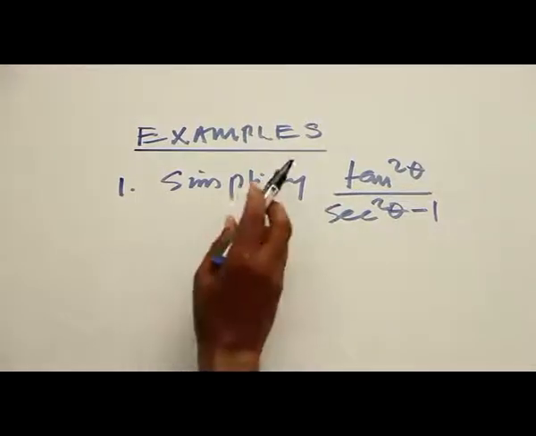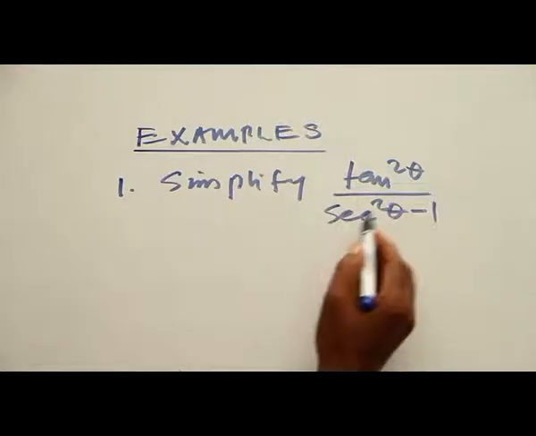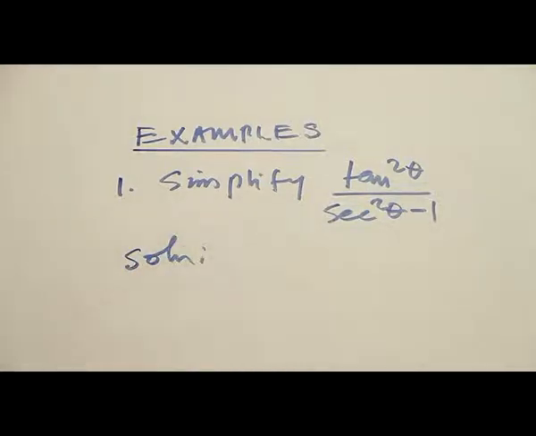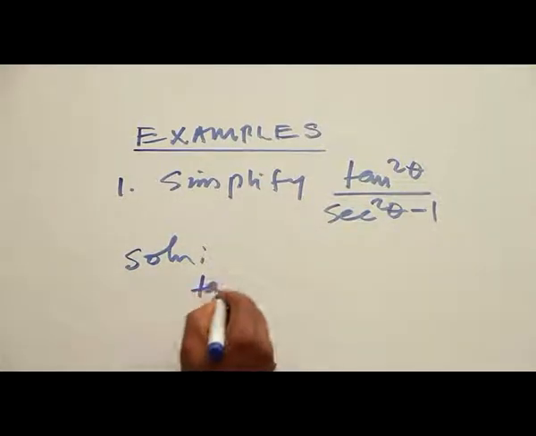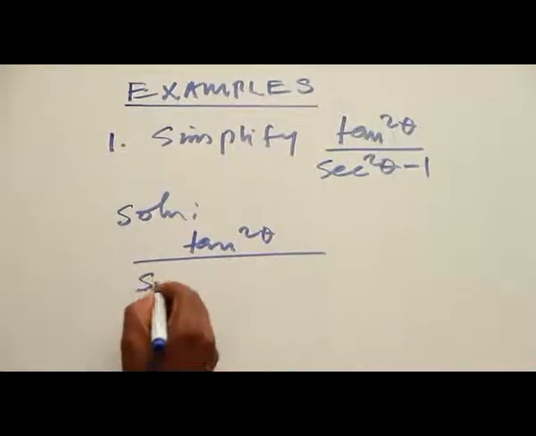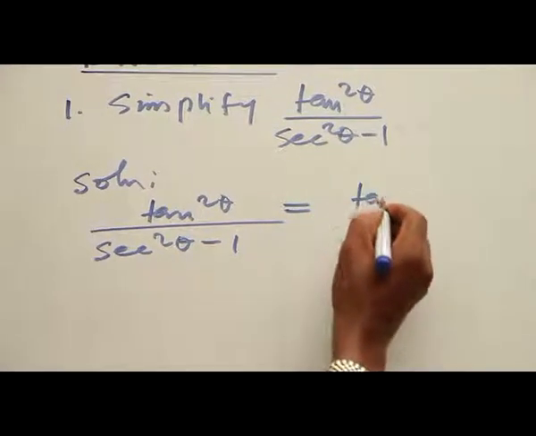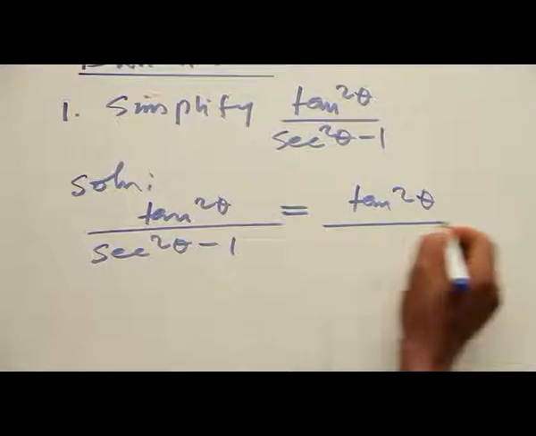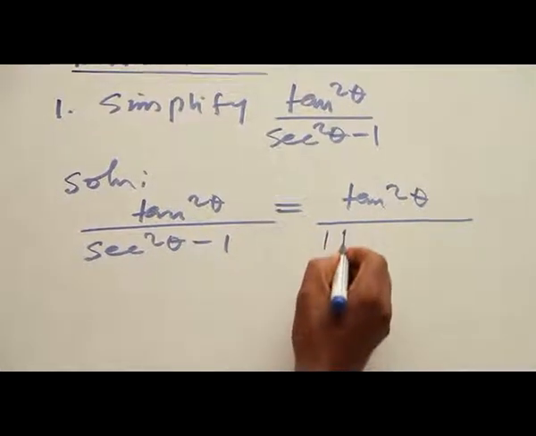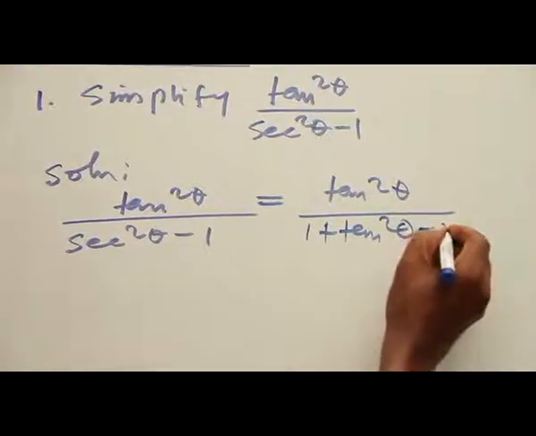Let's take some examples. Number 1, simplify tan squared theta all over sec squared theta minus 1. Your solution. Using the identities, you have that tan squared theta all over sec squared theta minus 1 will become tan squared theta all over sec squared theta is the same thing as 1 plus tan squared theta, then minus 1.